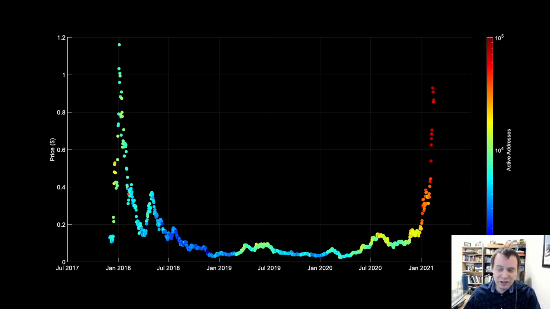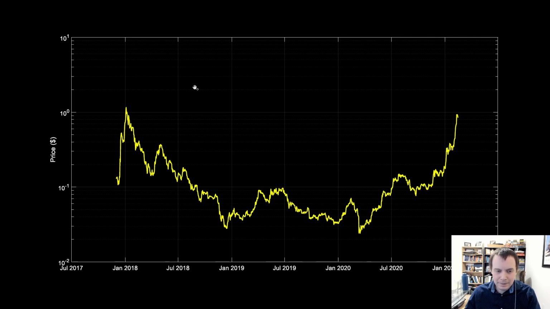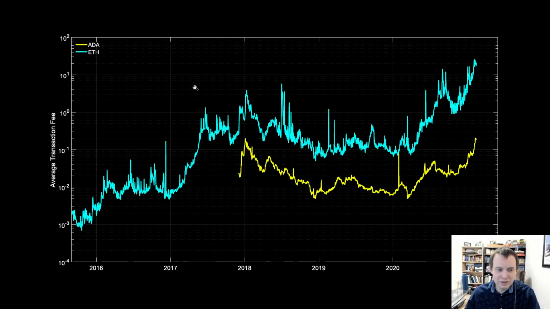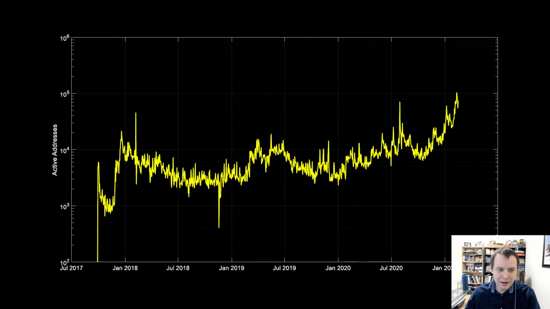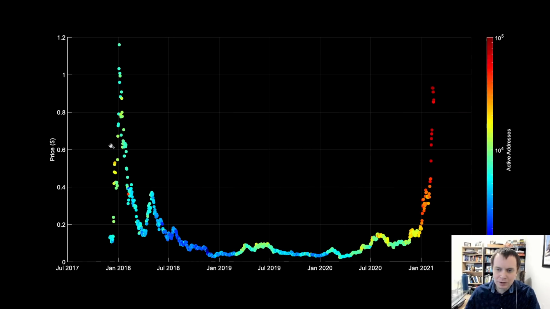But what's interesting is if you plot the price of ADA on a linear scale and you color code it by the number of active addresses, we have so many more active addresses today than we did back over here. As you can see, if we scroll back, 10 to the 5, and we've come down recently, but around the 10 to the 5 versus 10 to the 4. But the price is still lower than it was back then.